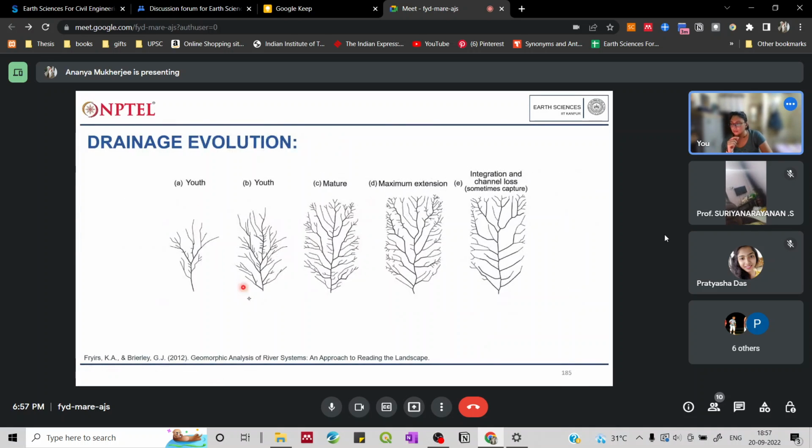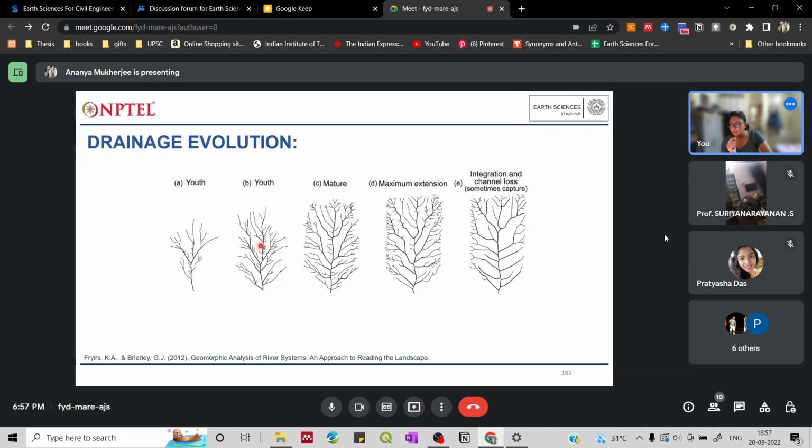This is how a drainage evolution happens. As I said, in youth stage you will have more straighter streams, and also the bifurcation ratio is much lower, and these are also lower order drainage basins. Then you can see that bifurcation ratio increases.